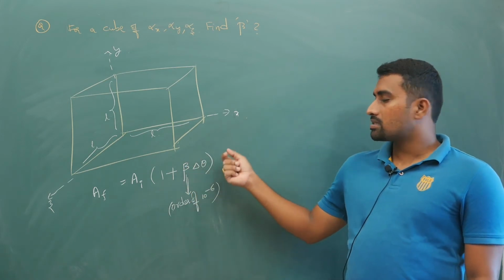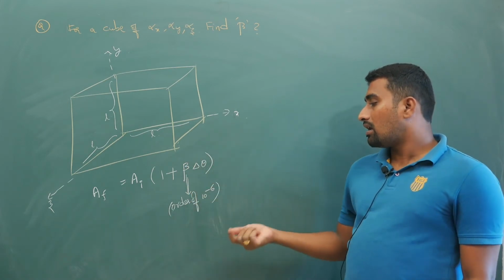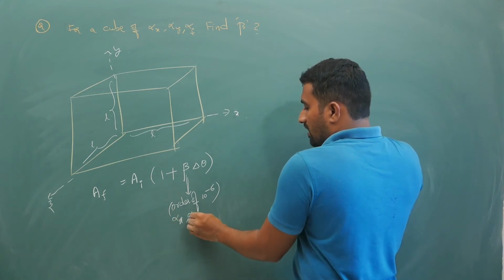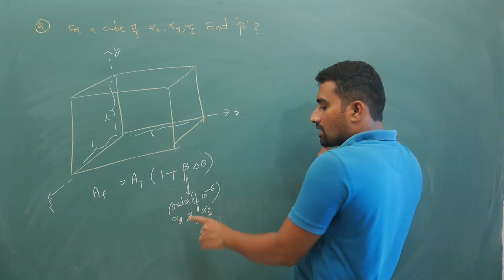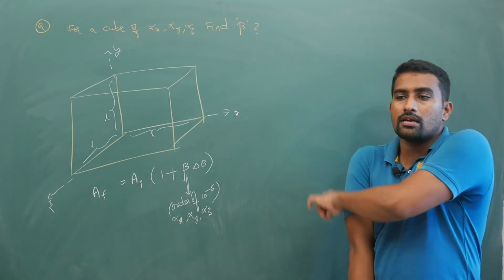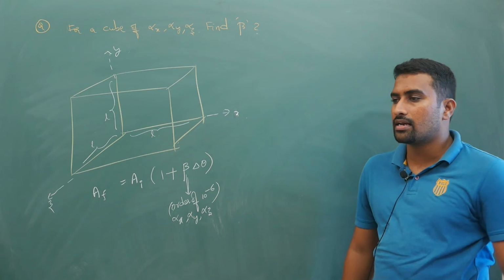Alpha x, alpha y, alpha z all are in the order of 10 power minus 6, so if I multiply two of these terms, it will become 10 power minus 12. I can neglect that term.